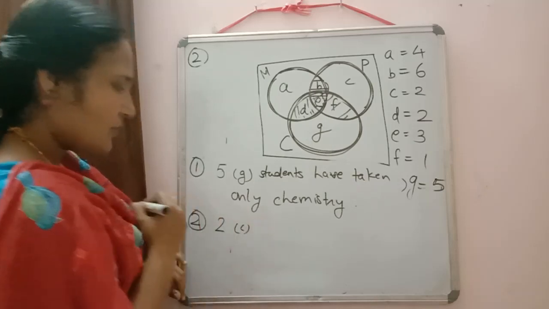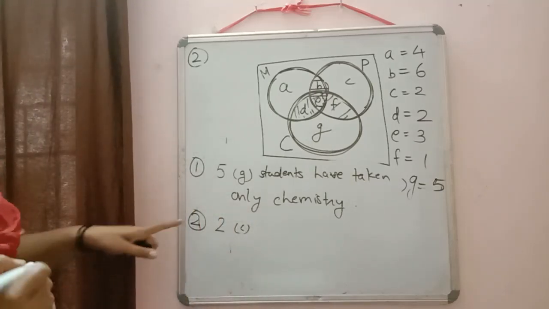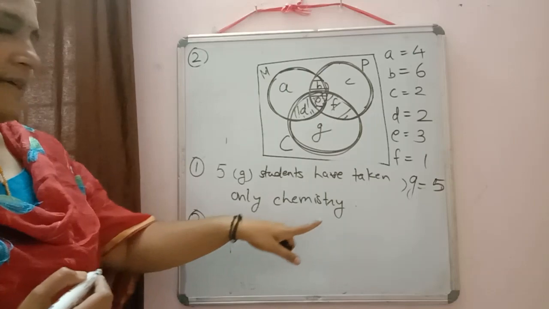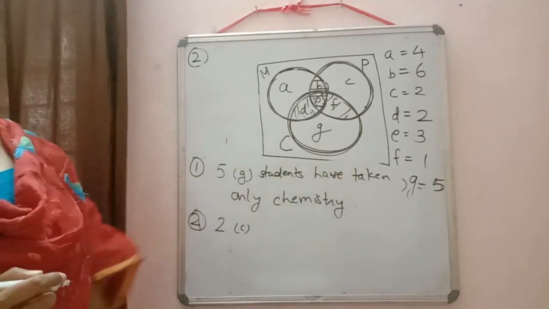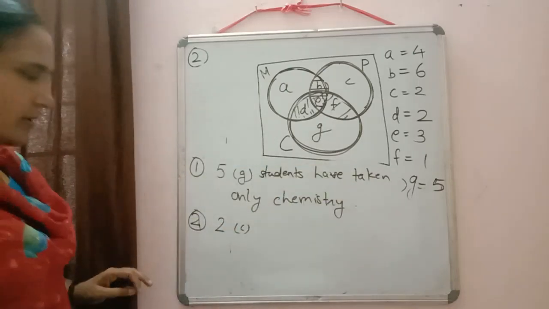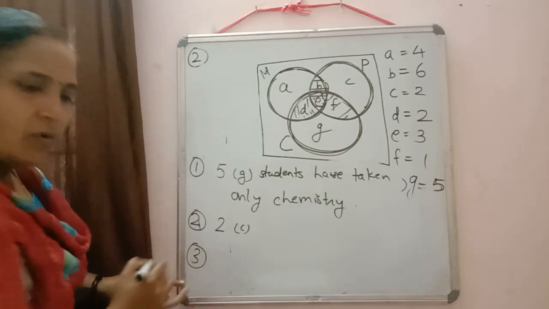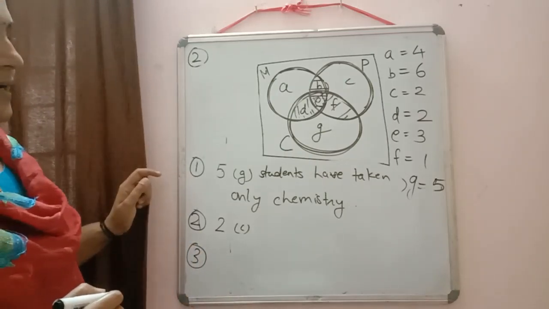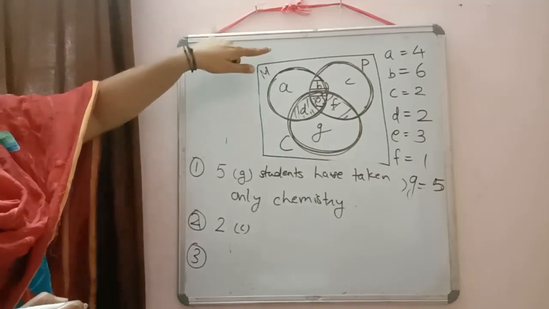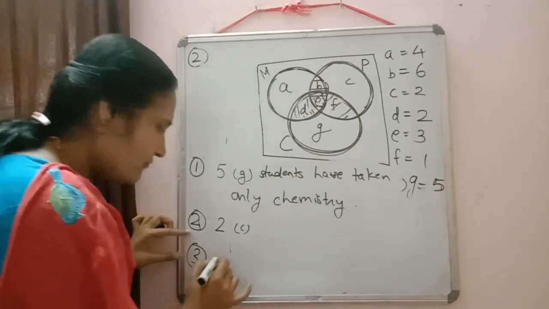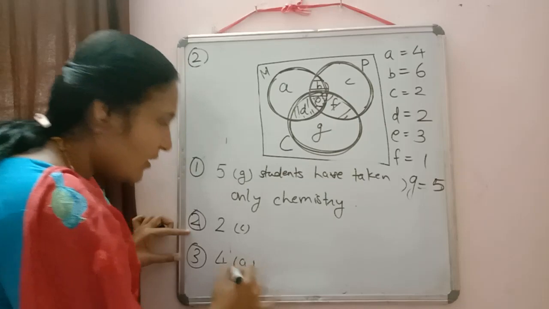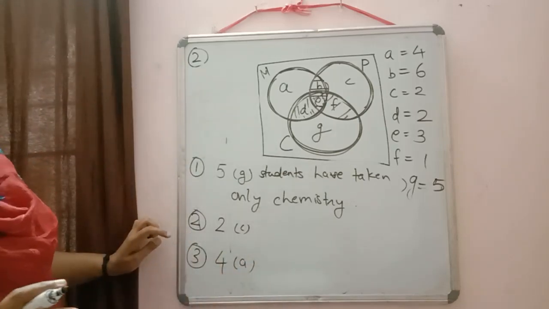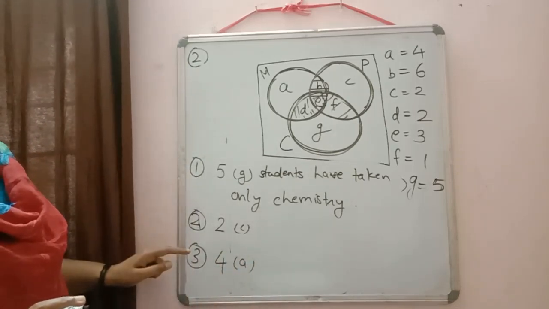Here, if you want, you can write in brackets, that is C. So just write down: 2 students have taken only physics. Written? Okay. Now third one. Only mathematics. Yes, only mathematics is denoted by the letter A. So just write down: 4 students have taken only mathematics. Till here it is clear?